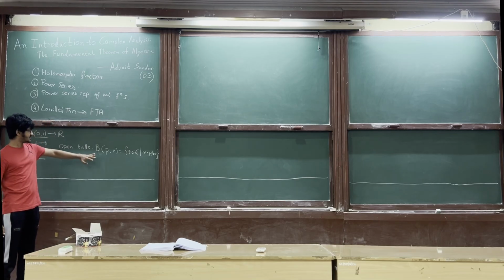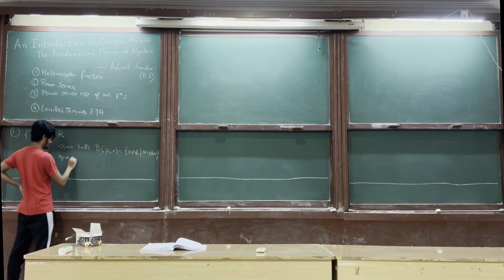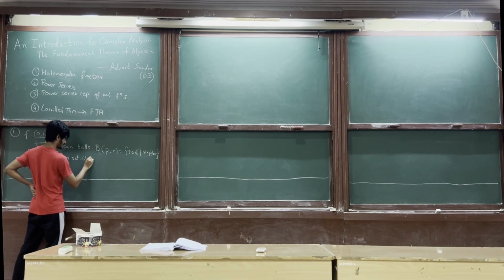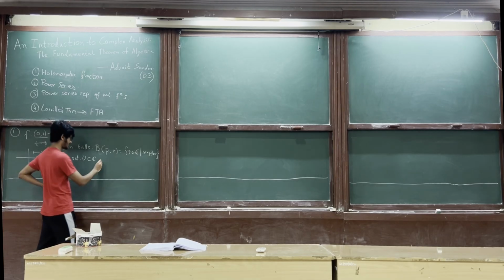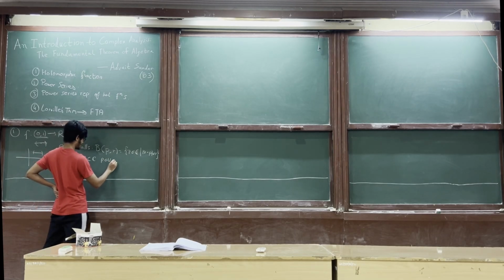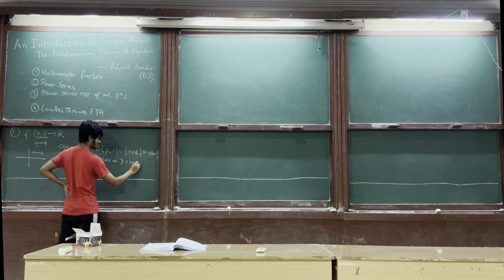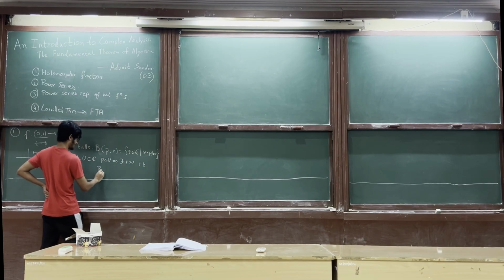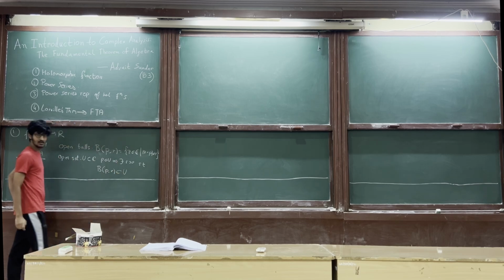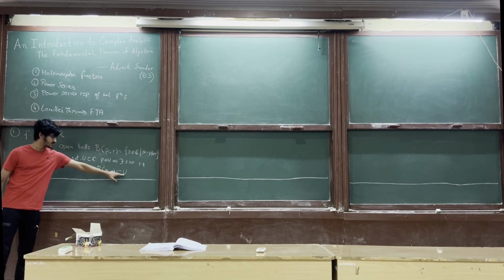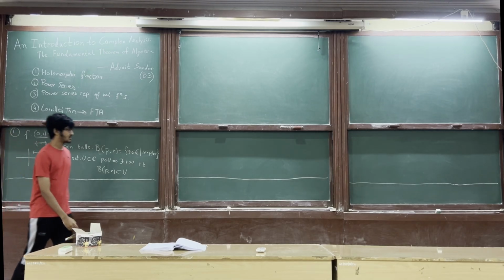And we generalize this to define an open set in C, to be a subset of C such that for any point P in your subset, there will be some positive radius R such that the ball of radius R centered at P lies in the subset. So we will use this as our domain for where we want to define differentiable functions.